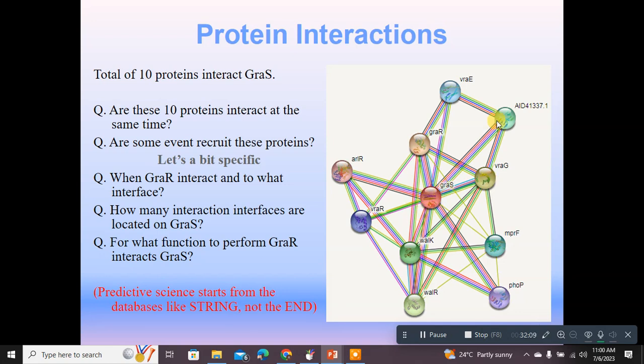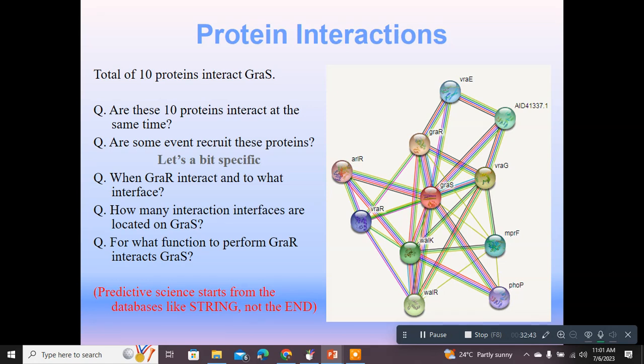It's interacting with almost 10 proteins, but normally our students show us such a figure generated by the STRING database, but you don't need to just show people these kinds of figures. You have to work further on it. What kind of work can you do on it? For example, do these 10 proteins interact at the same time? It's a question. Might be not.